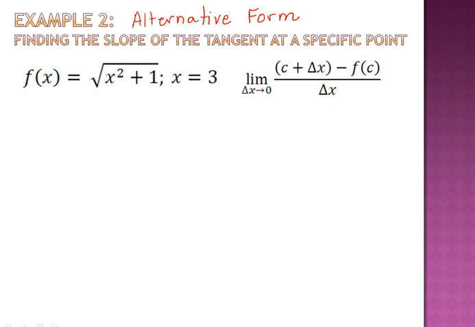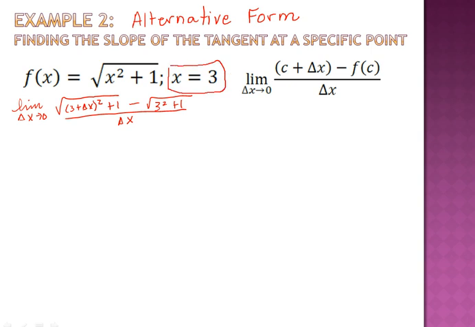As I start to plug this in, you should pause the video and go ahead and set your limit up and simplify your algebra to see if your algebra matches mine. Okay, so notice instead of plugging in x plus delta x, we were given a value of x being 3, and that 3 became our c to plug into our formula.